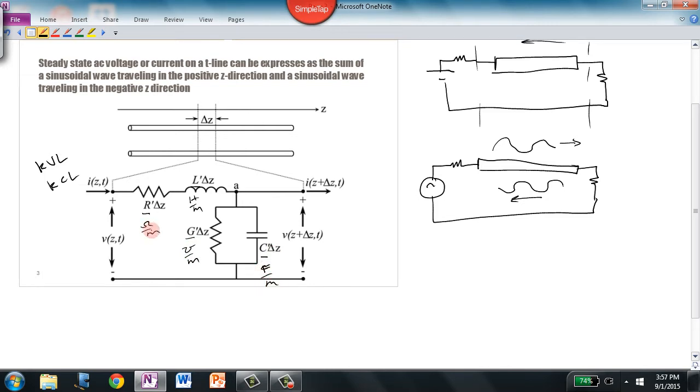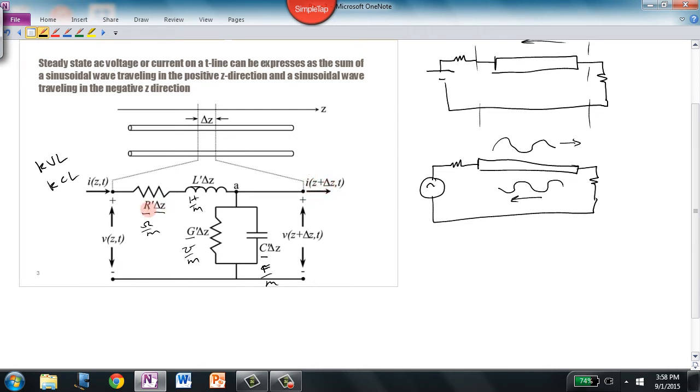If we take any of these distributed parameters and multiply them by the length of a differential segment of transmission line, we get total resistance, total inductance, conductance, and capacitance. So what we've done is we've taken a very short length of delta Z, meaning one end of the transmission line is at a distance Z, and the other end is at a distance Z plus delta Z. So the total length of this transmission line is just delta Z meters.